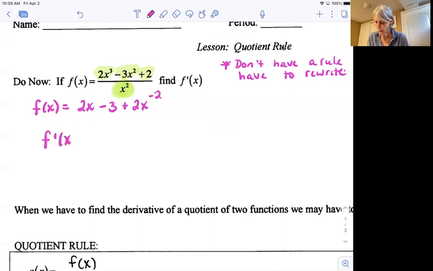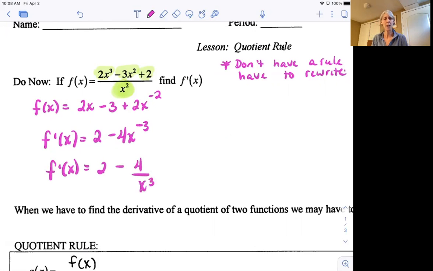f prime of x is now 2. The 3 just becomes 0, minus 4x to the negative third, which we can always rewrite with positive powers.